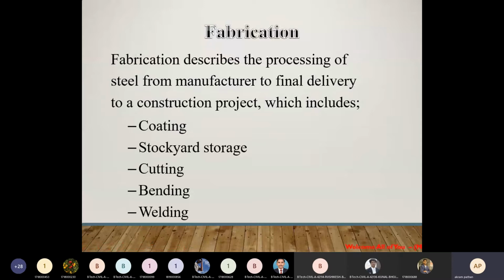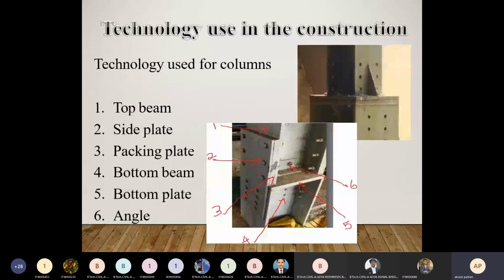So we require a storage shed at a particular site. Then we need certain cutting and bending, and if you want to join a particular member, then welding or bolting or riveting. So these are the processes we can keep in mind during the fabrication of the construction project.